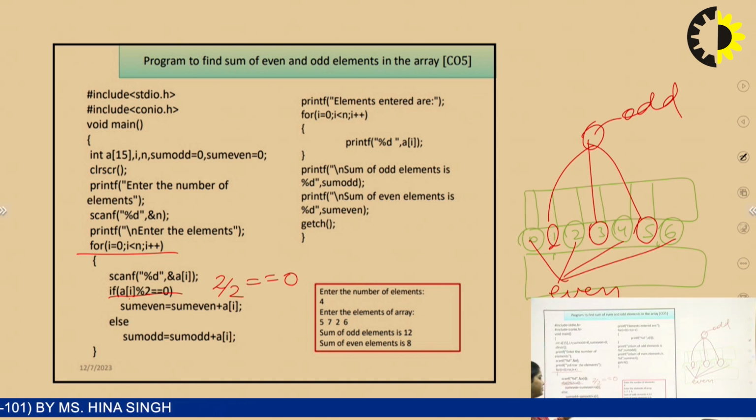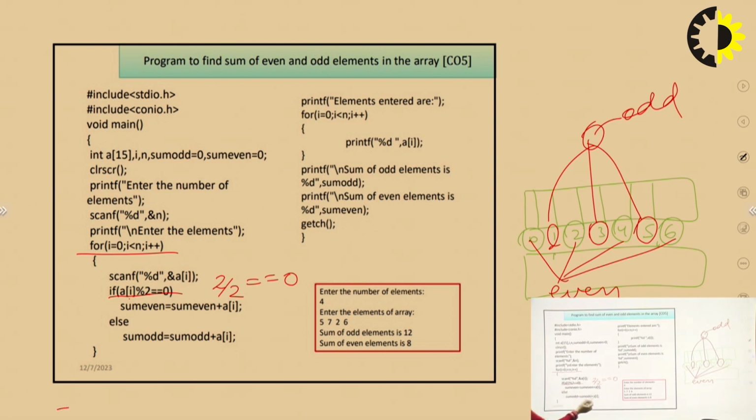Only those numbers will be picked up and added here. Else, whose positions are not equal to 0, okay, not equal to 0, well, in that case, we'll do this, odd. Okay, got it? Any confusion?